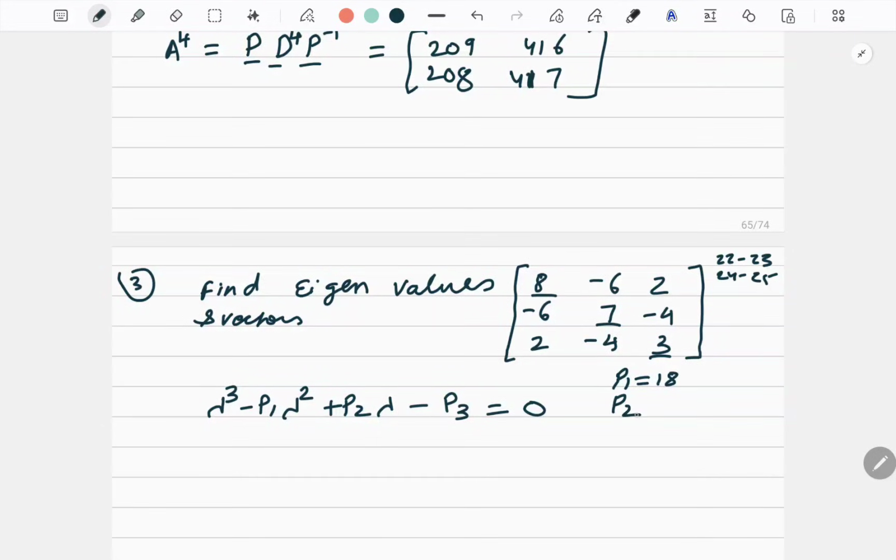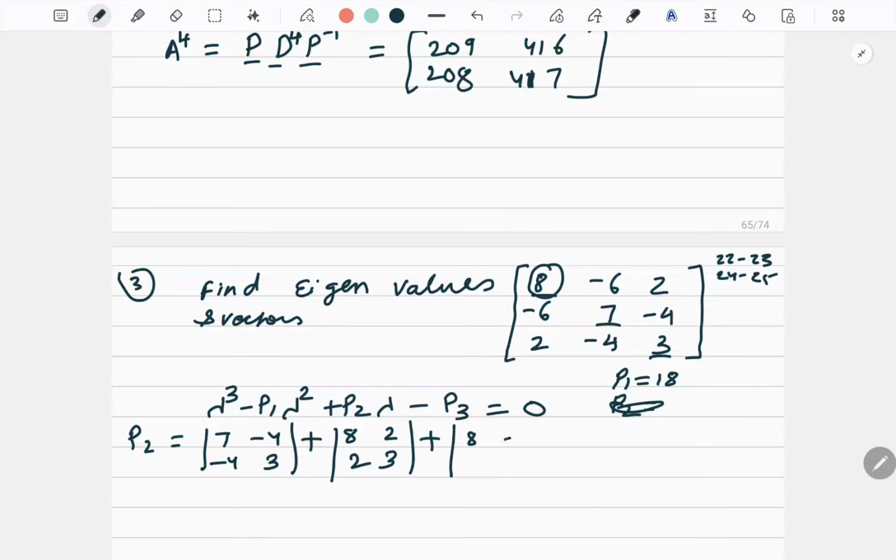Okay, p2 means sum of minors of the determinant. Oh, sorry, sum of determinants of the minors of the diagonal elements. So I'll write here so that I can show you how I am doing. So first the minor of 8 is what? 7, minus 4, minus 4, 3, plus for 7 it is 8, 2, 2, 3. Plus for 3 it is 8, minus 6, minus 6, 7.